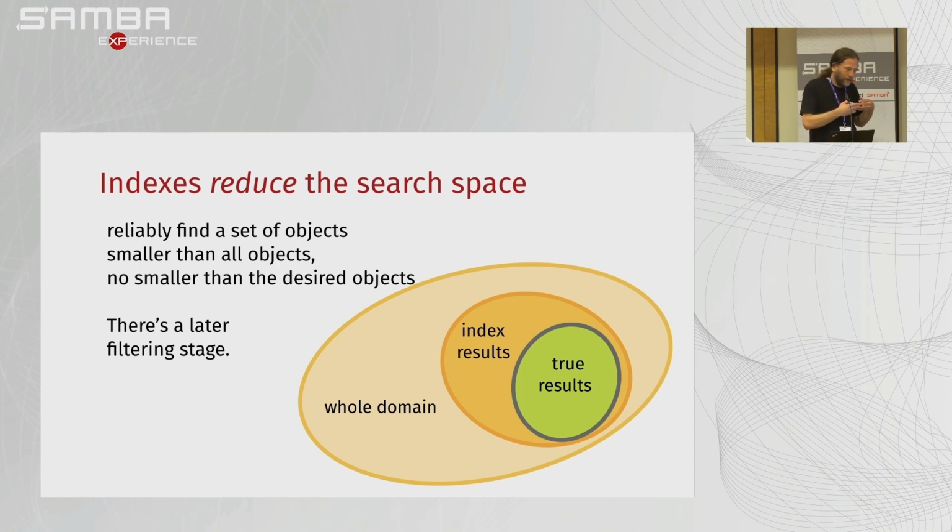And then because if you find a superset, it all gets pushed through to a filter that kind of goes through each one you found and makes sure that they're the right things. So if your superset has objects that don't apply, they'll just be filtered out.